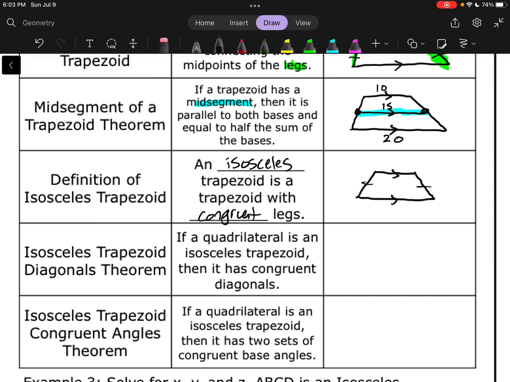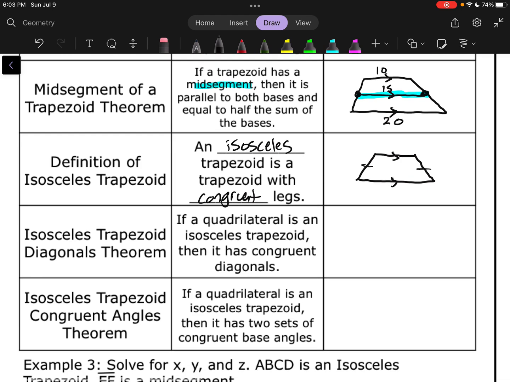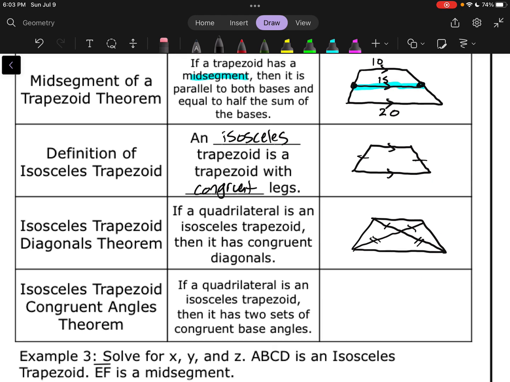And there's two kind of cool things about specifically isosceles trapezoids. One of them is that if you've got an isosceles trapezoid, then the diagonals going from corner to corner are congruent. And they divide themselves up like this, where the top little parts are the same and the bottom little parts are the same. And that means that the entirety of them is also the same.